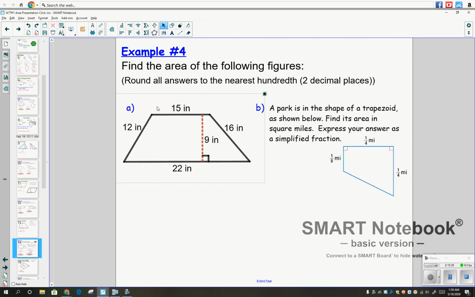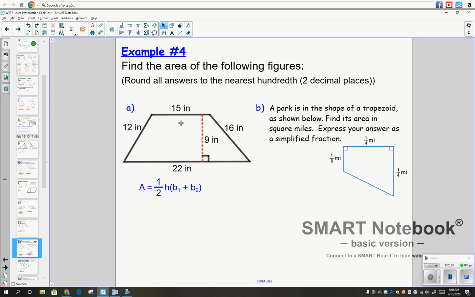Let's look at some examples. What's the formula? 1/2 times height times base 1 plus base 2. What's the height? I've got a lot of measures here. The height is the distance between the two bases. It's perpendicular to the two bases. My height is going to be 9.